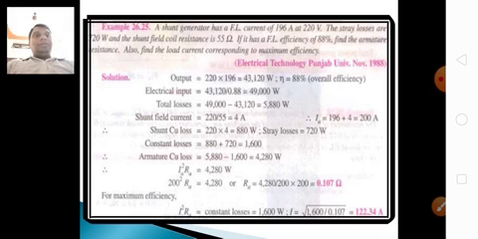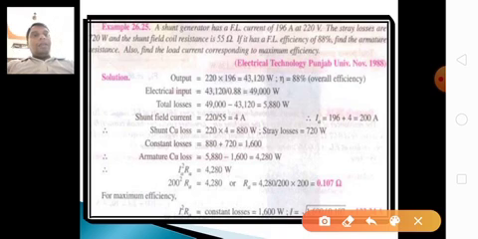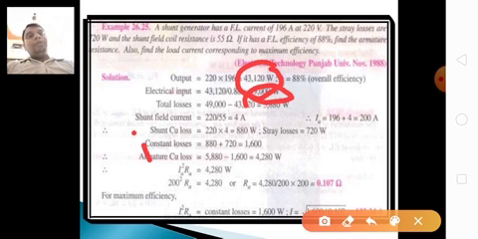Similarly, the total loss: here the total input is 49,000 watts and the total output is 43,120. Input is equal to output plus loss, or output equal to input minus loss.